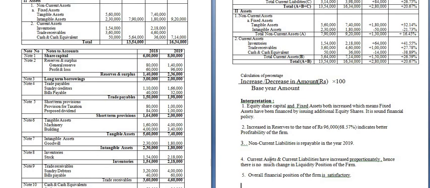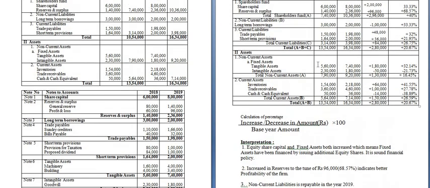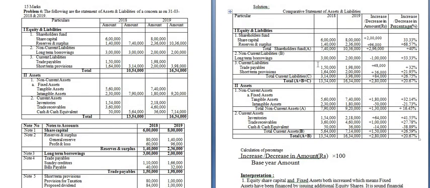So here we can write the interpretation: current assets and current liabilities have increased proportionately, hence there is not much change in the liquidity position of the firm. Okay, I hope you have cleared. And the last interpretation is the overall financial position of the firm is satisfactory. So these are the comments on financial position of the business firm based on the comparative balance sheet.